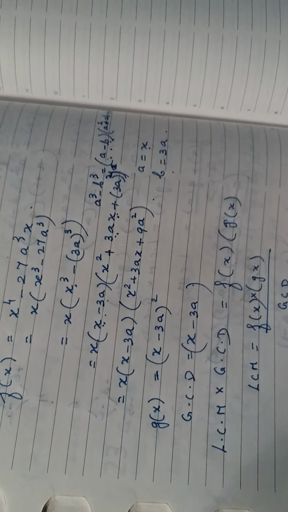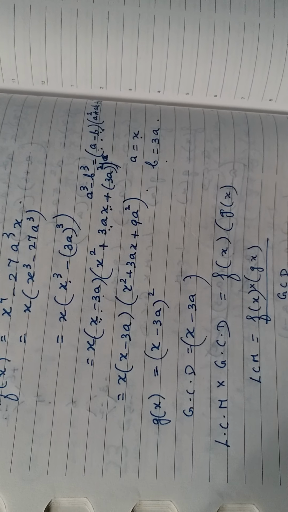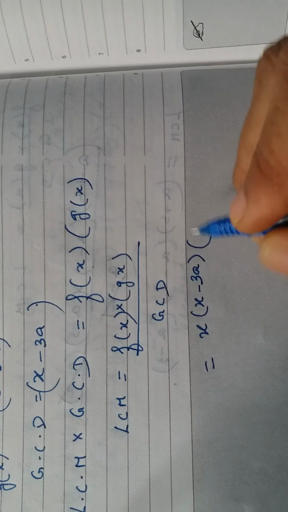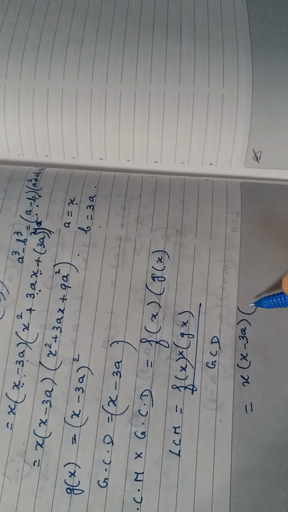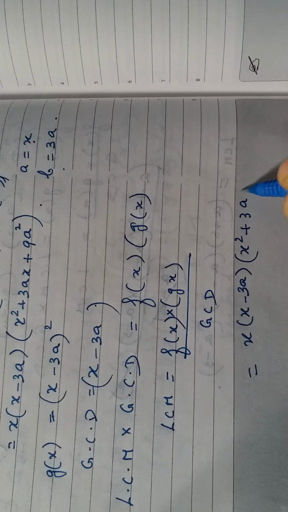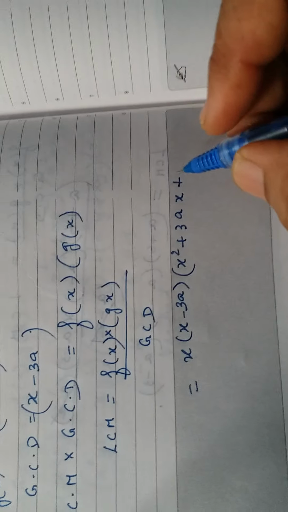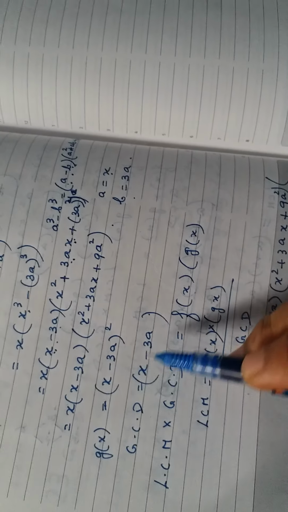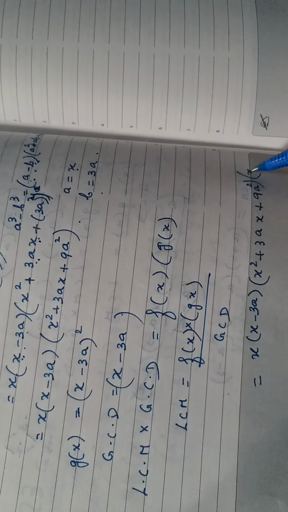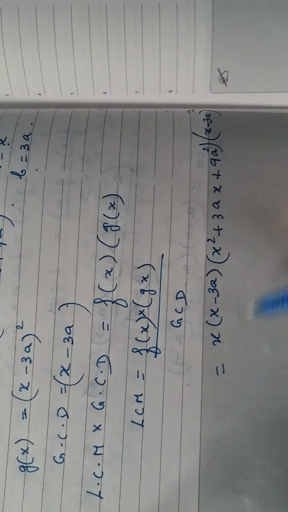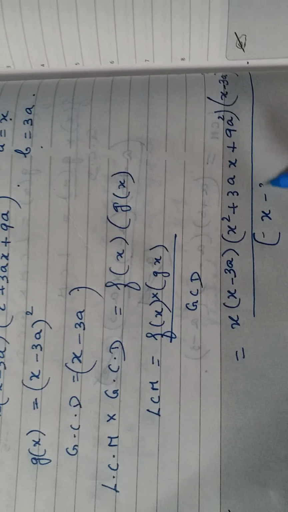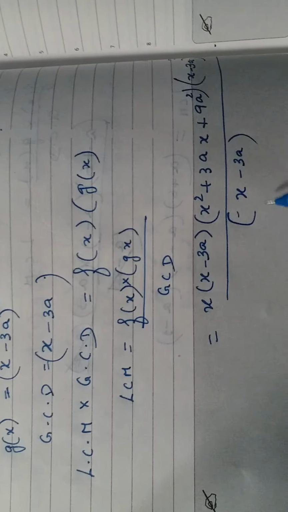So it is equal to f(x), which you have found as x into (x minus 3a) into (x^2 plus 3ax plus 9a^2), into g(x), which is (x minus 3a) whole square, divided by your GCD, which is x minus 3a.